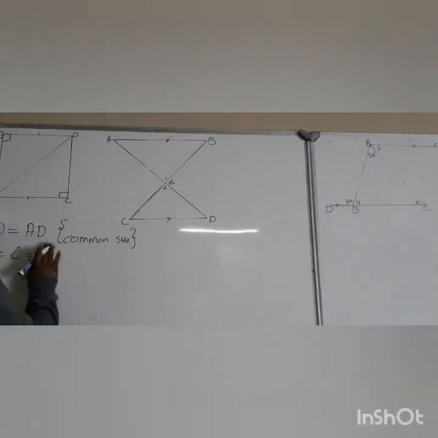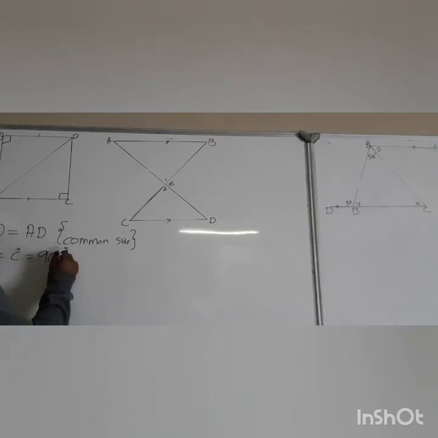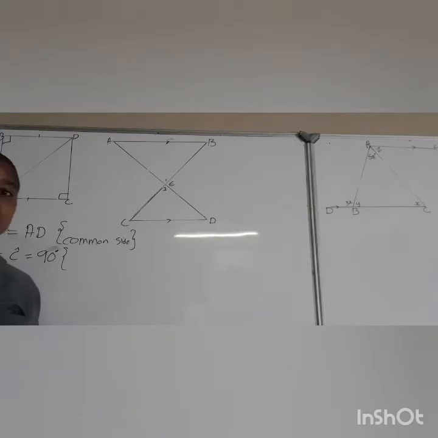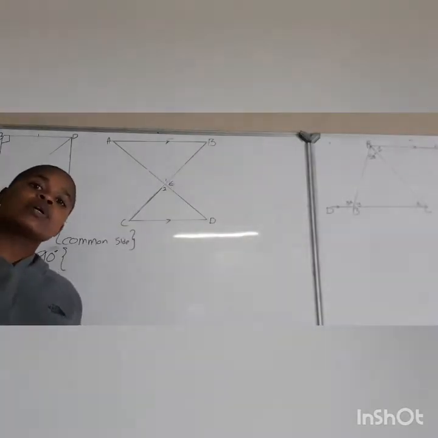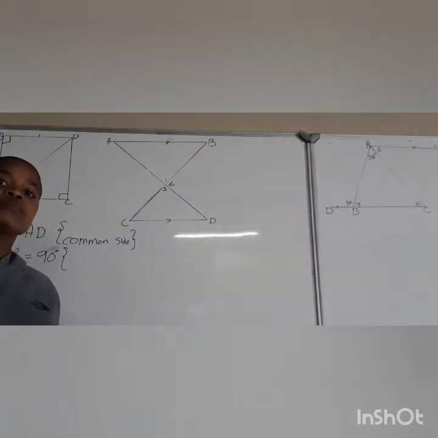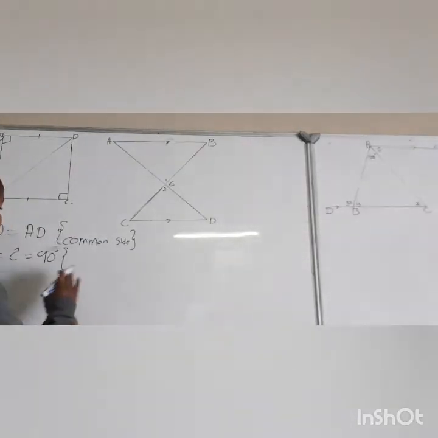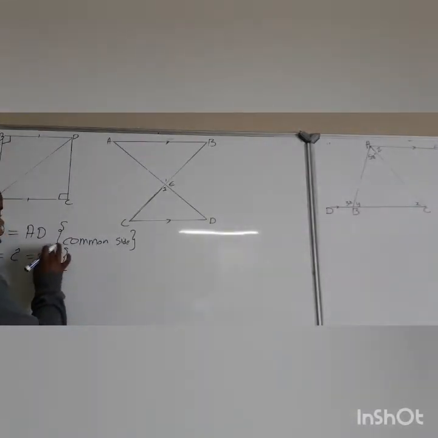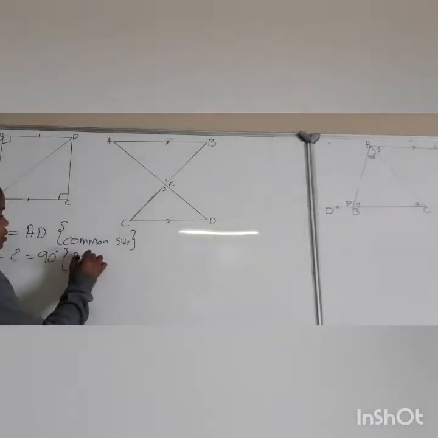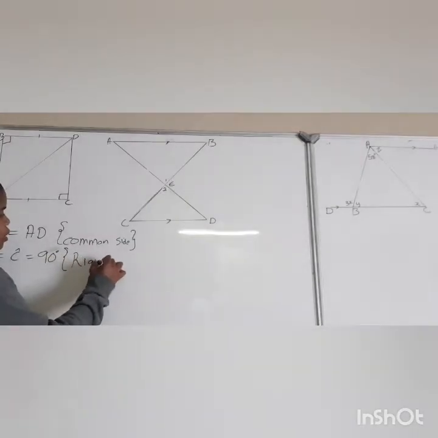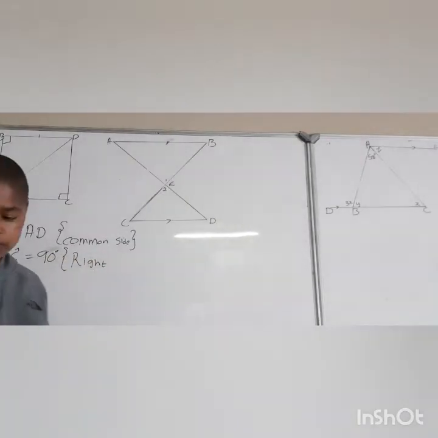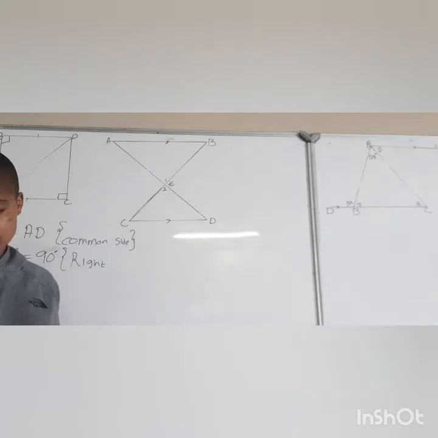Okay, so is it fine if I say angle B is equal to angle C, they are both equal to 90 degrees? Right angle, or I say given?